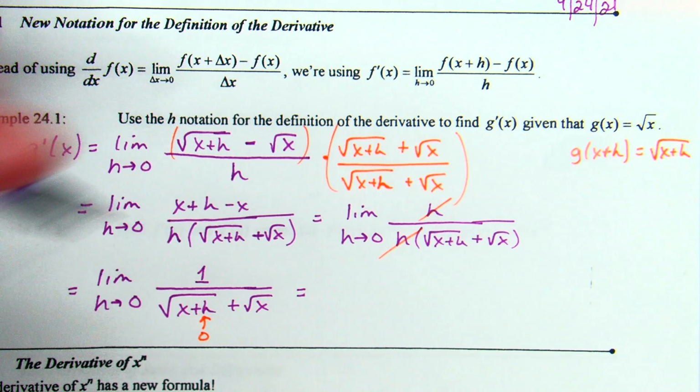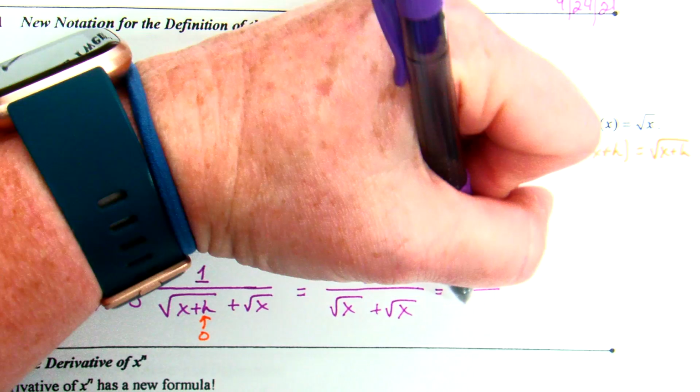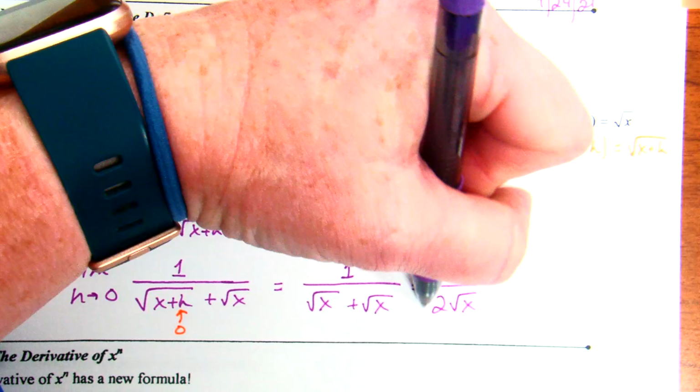So now I'm not going to write limit anymore because I'm plugging in the 0. 1 over the square root of x plus the square root of x, if you will. 1 square root of x plus 1 square root of x is 2 square root of x.